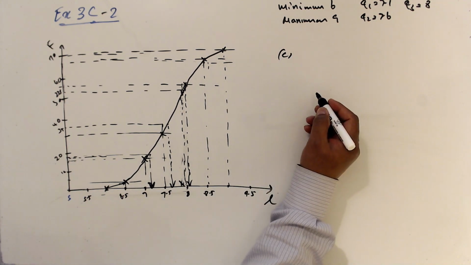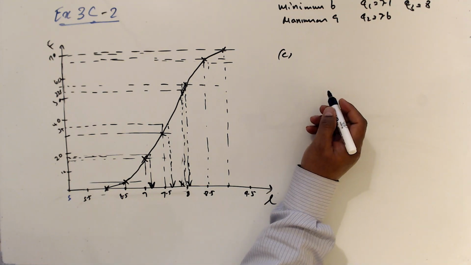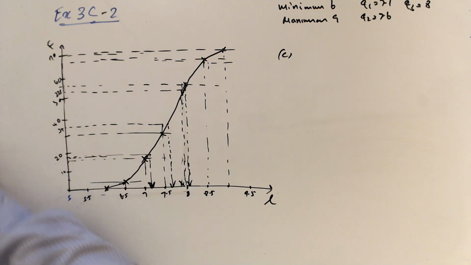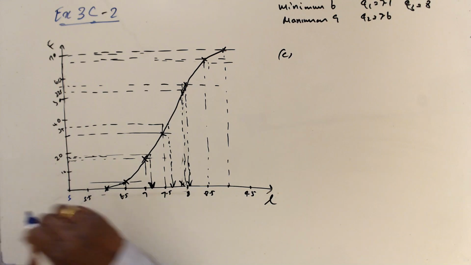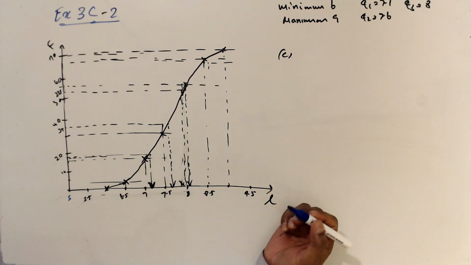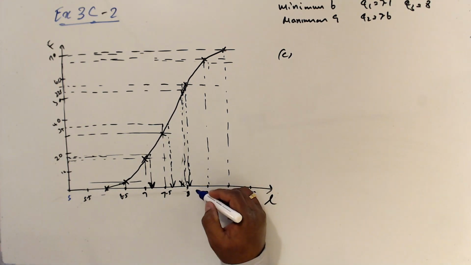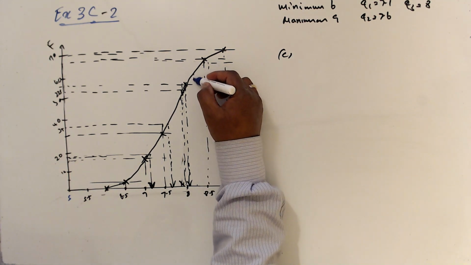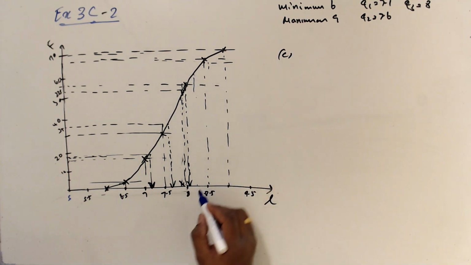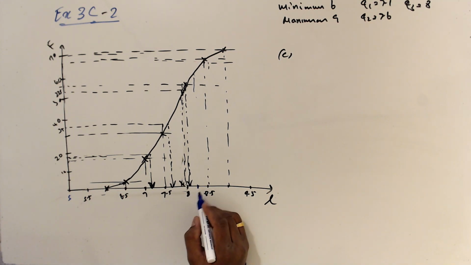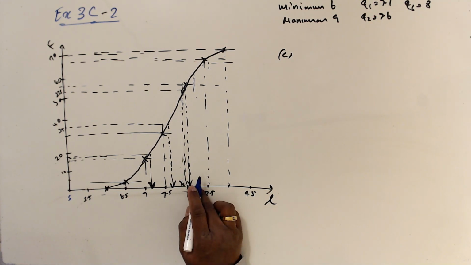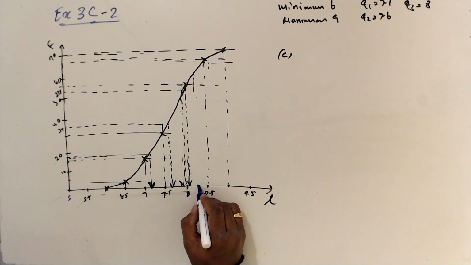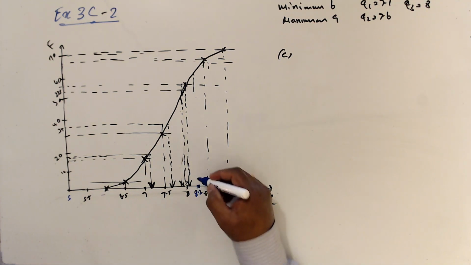Part C. Estimate how many earthworms are longer than 8.2 centimeters. So then we want to find 8.2 centimeters. So somewhere here. So this is 8.2.